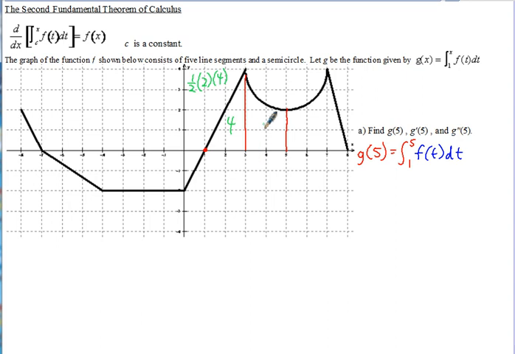And to figure out this region, what we can do is take the area of this rectangle and subtract the area of the quarter circle. So the area of the rectangle, the base is 2, times the height is 4, minus the area of the quarter circle.